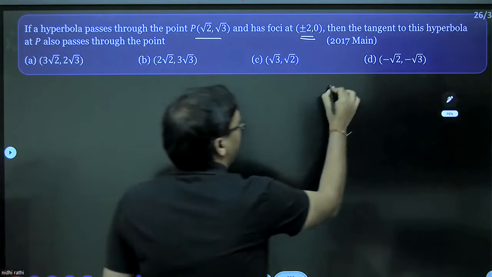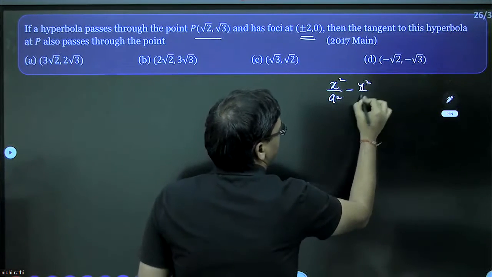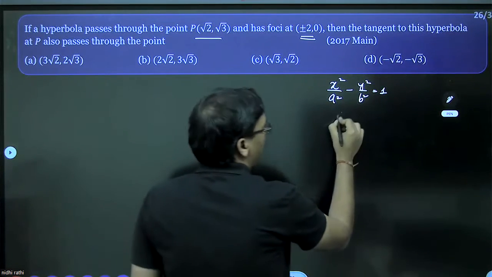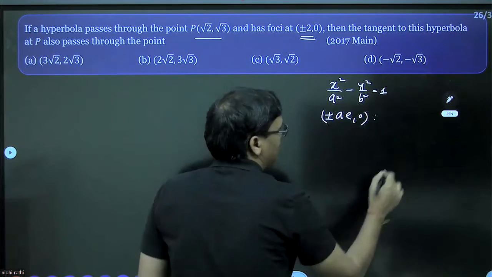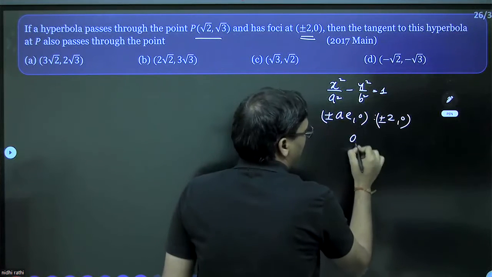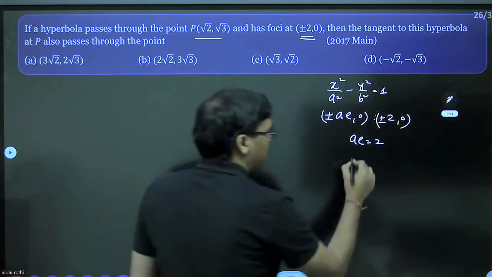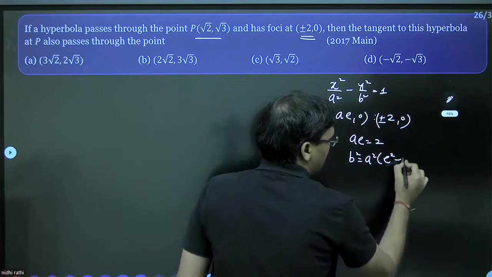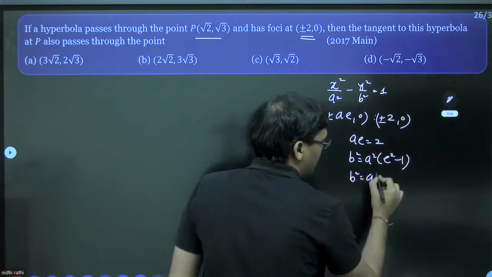So we can directly write, see, we have the standard hyperbola, right? So AE comma 0 are the foci, that means AE is equal to 2. This is one condition. Second condition we know, that is B square is equal to A square E square minus A square.